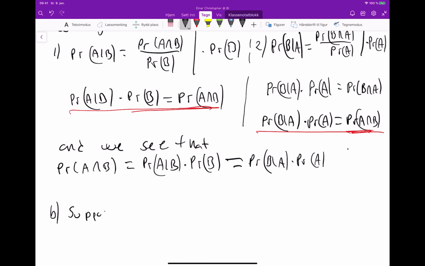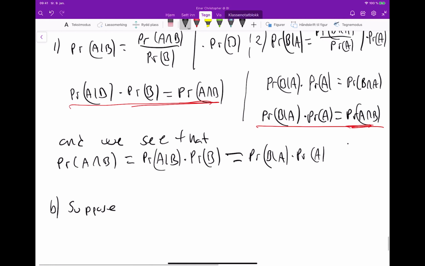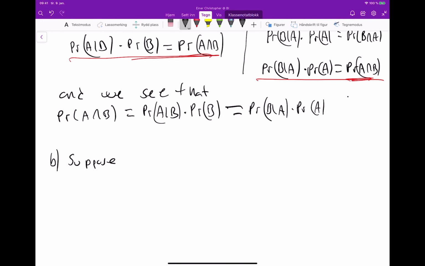Suppose this is an important exercise if you are going to understand the rest of it.